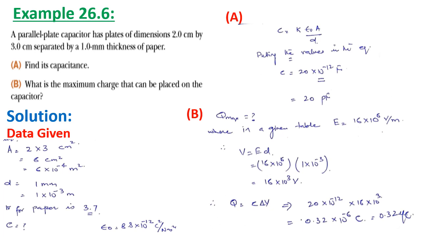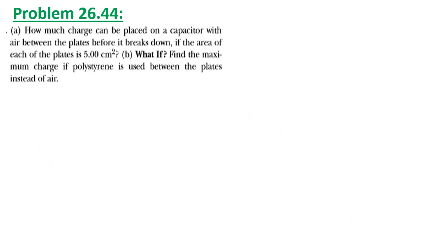problem 44. Okay, now we will be discussing problem 26.44. You can find this problem at the end of the chapter under section 26.5, and the problem number is 24. The problem says, how much charge can be placed on a capacitor with air between the plates before it breaks down?